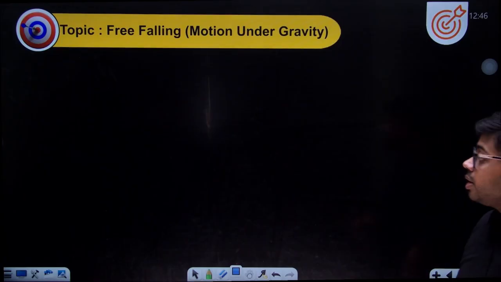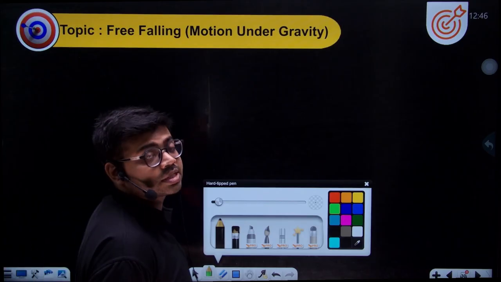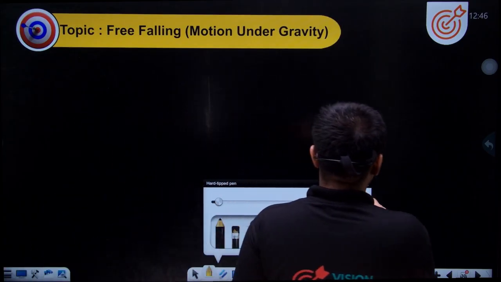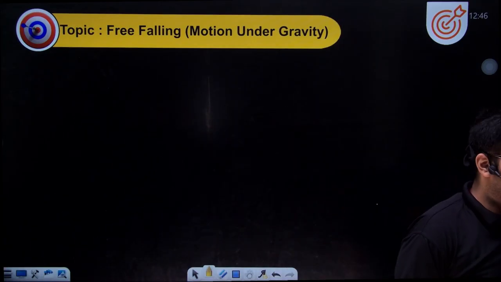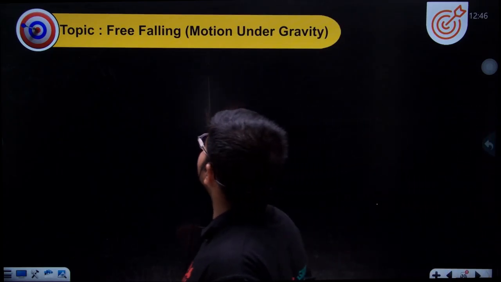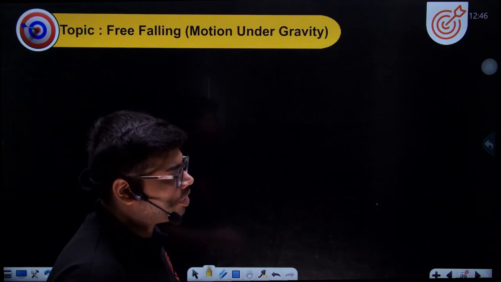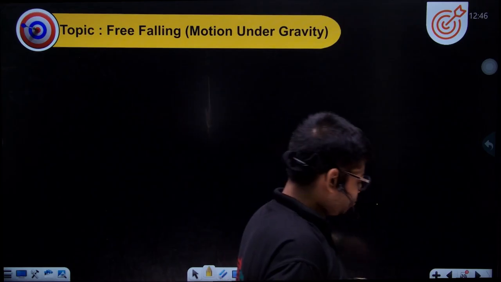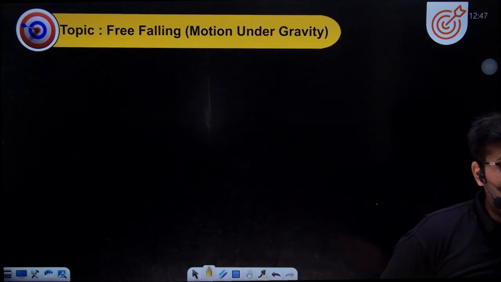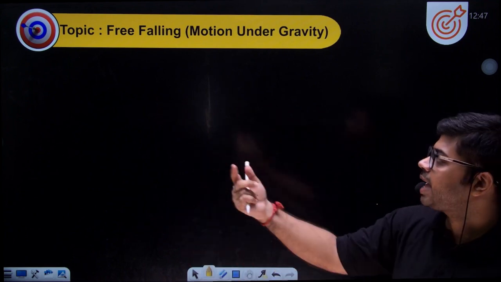Okay. Now we will be discussing a very important concept. In this concept we will see free falling, that is the motion under gravity. Free fall का मतलब क्या है? That we are basically kind of just leaving something under the action of gravity.